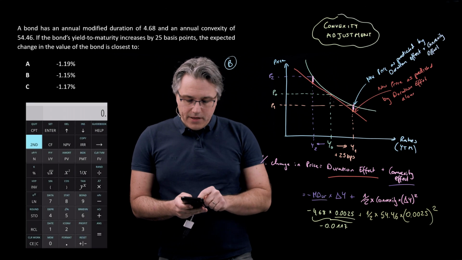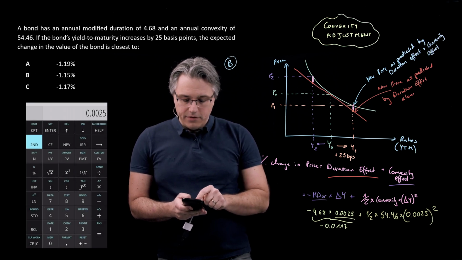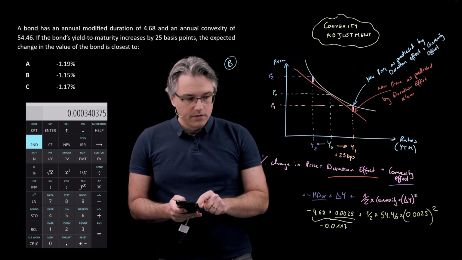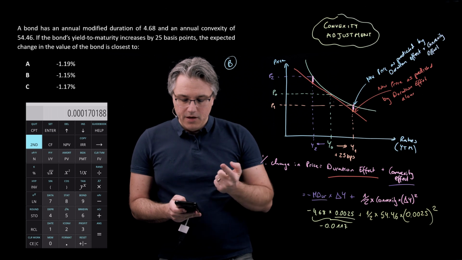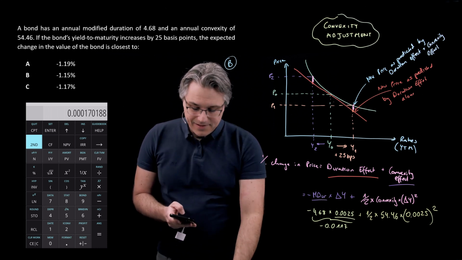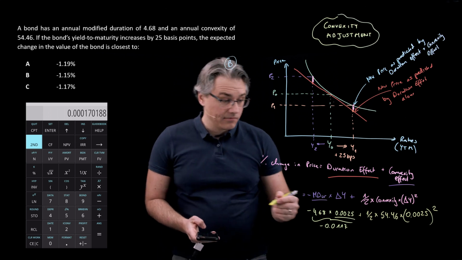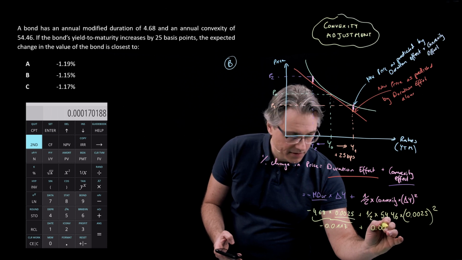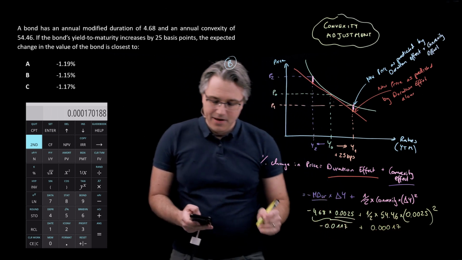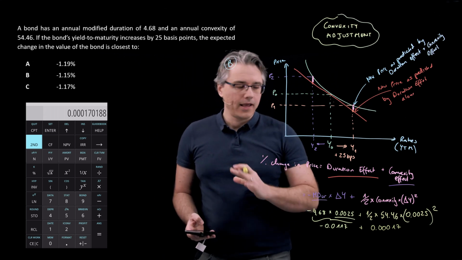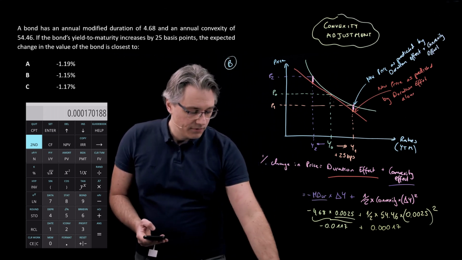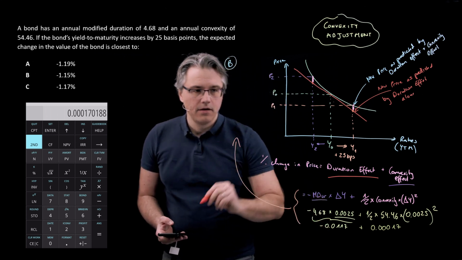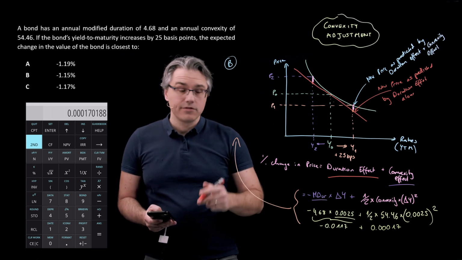I'm going to start from the end, 0.0025, square this, times 54.46, times 0.5. And okay, this comes in at an absolutely positive 0.00017. Now, obviously, there's a little bit more hanging at the end, but I'm not going to put that down. So let's take these two effects together, combined.